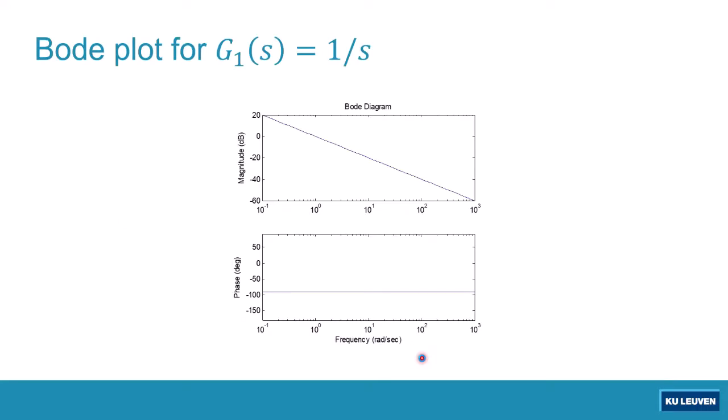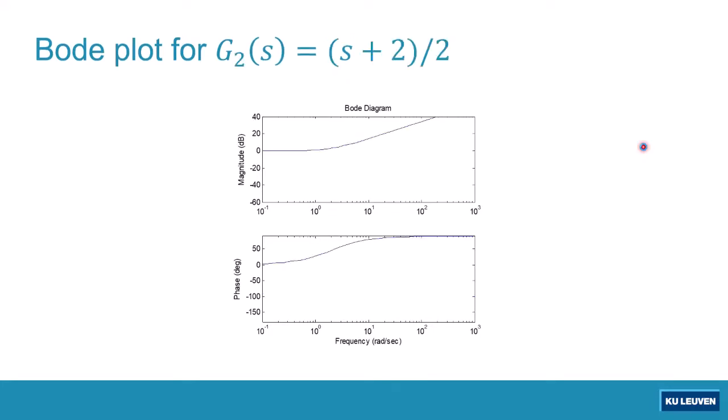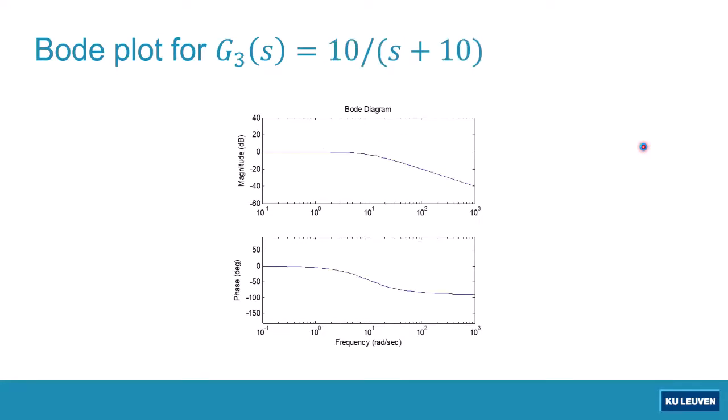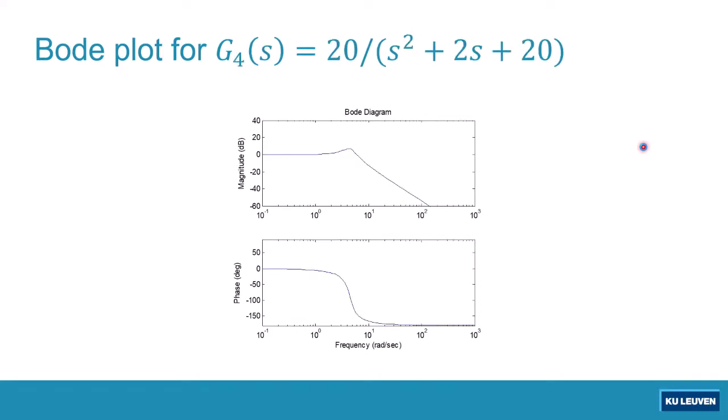If by any means I know both plots of G1, which has the form of 1 over s, like this one that you see in this slide, and again by any means I know how the plot of G2 is, as you can see in this slide, and this is the plot of G3(s), and the last one here, I know the plot of G4(s).